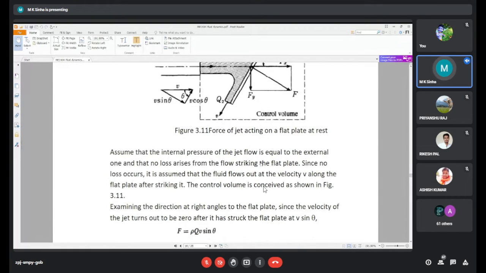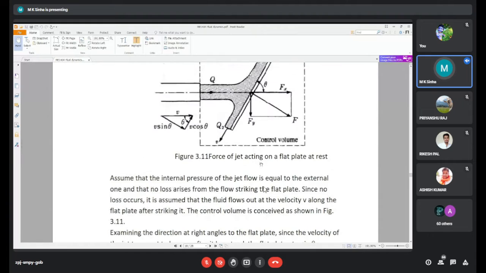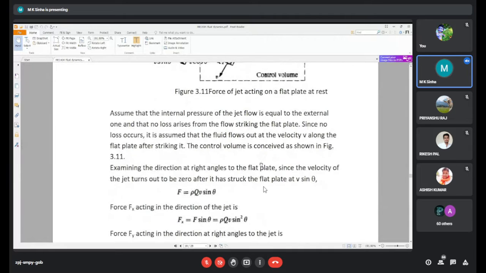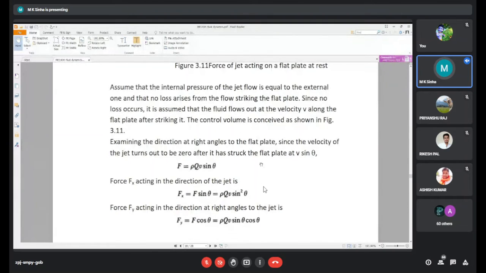In the direction at right angle to the flat plate, the resultant force is F equals rho q v sine theta. Its components along the x-axis and y-axis are written here: Fx is equal to rho q v sine square theta, and the other is F cos theta.